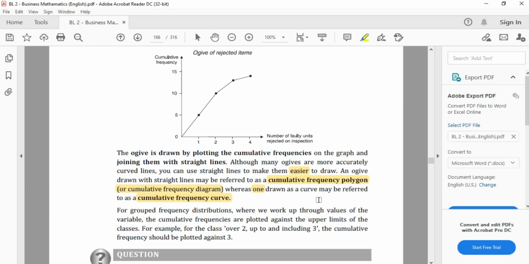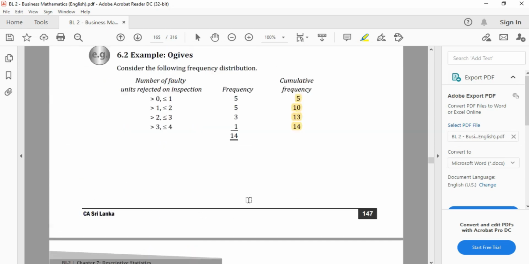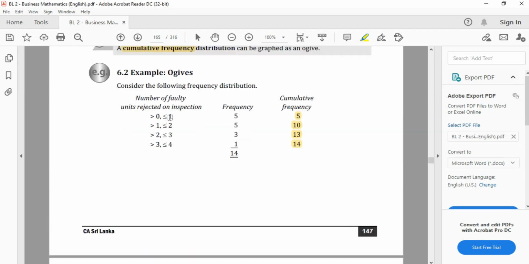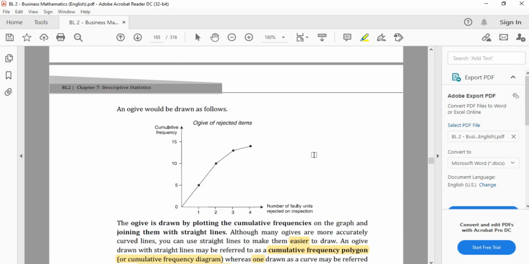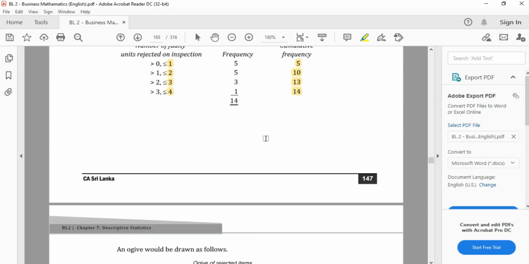So make sure you remember the terms correctly. And now you might be thinking where to plot the figures. When plotting, you should use the upper limit to start plotting, not the lower limit. So see, if you take this number 3, the cumulative frequency is 13. So 13 is the frequency, but the upper limit for 13 is 3.